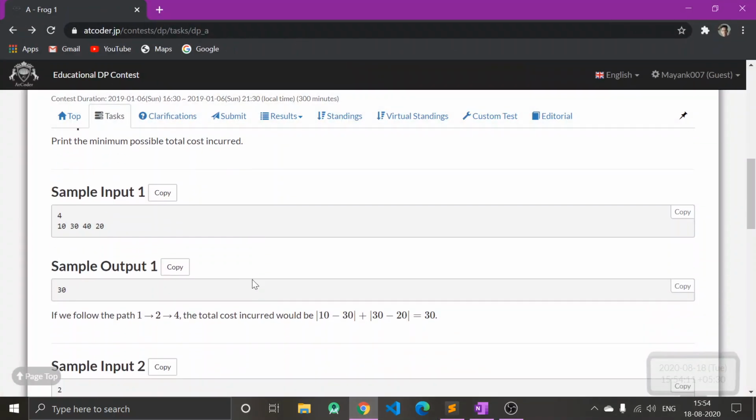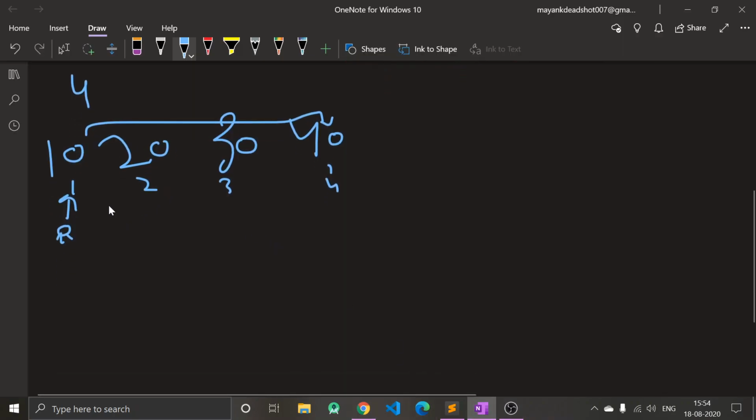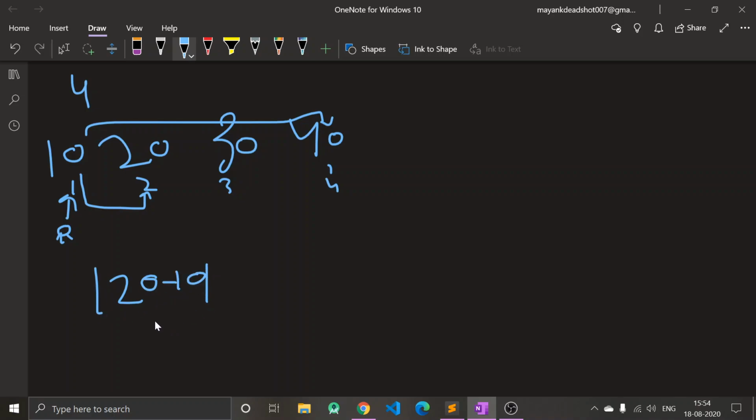Here it is given that if we follow the path 1 to 2, then 2 to 4, the total cost incurred will be the absolute value of 10 minus 30 plus the absolute value of 30 minus 20, which is 30, the minimum cost. Let us see what they are doing. First, from 10 we go to 20, and the cost is 20 minus 10, whose absolute value is 10.